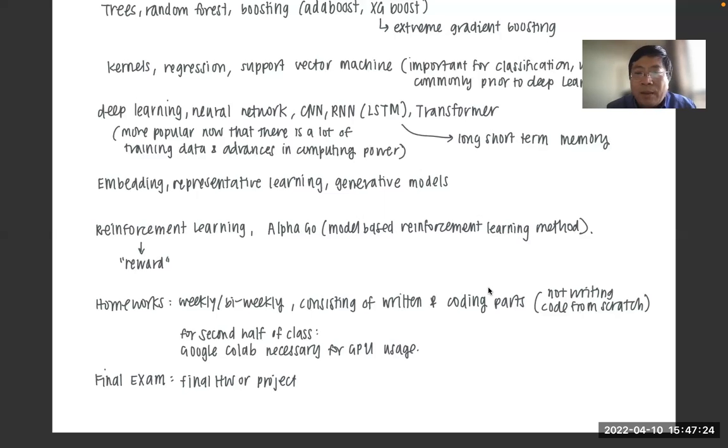So that's my purpose. Therefore, you can also treat this as a graduate class, which means the focus is more on learning something useful instead of just getting the grade.